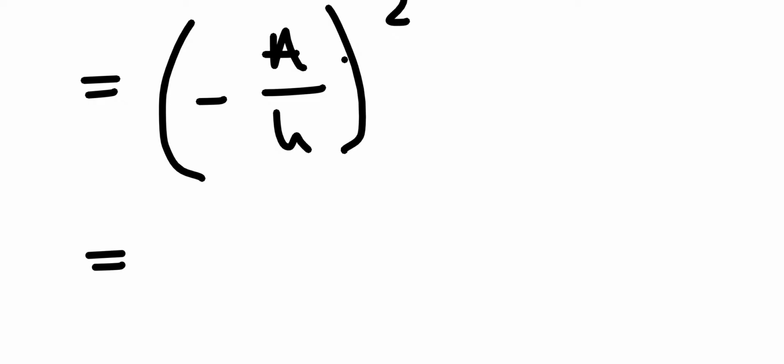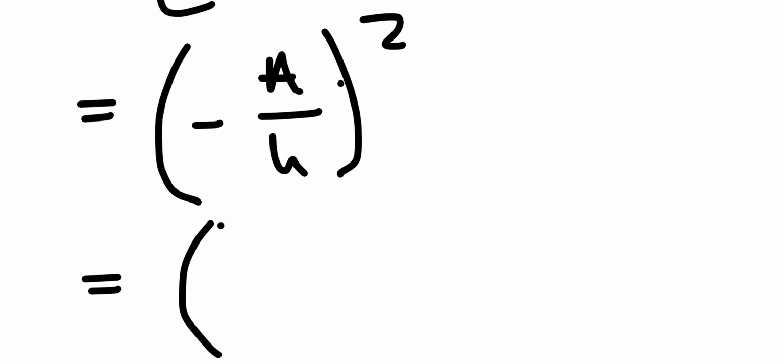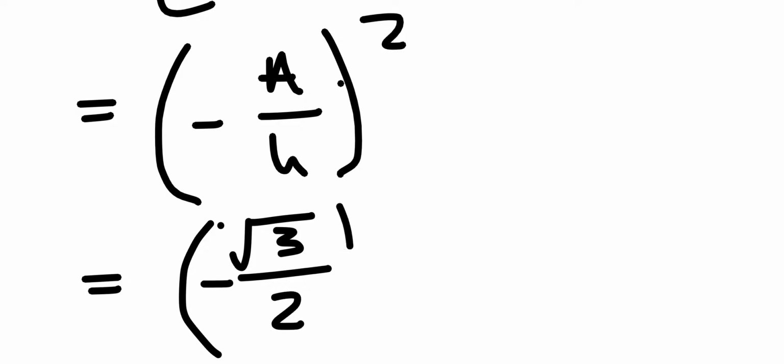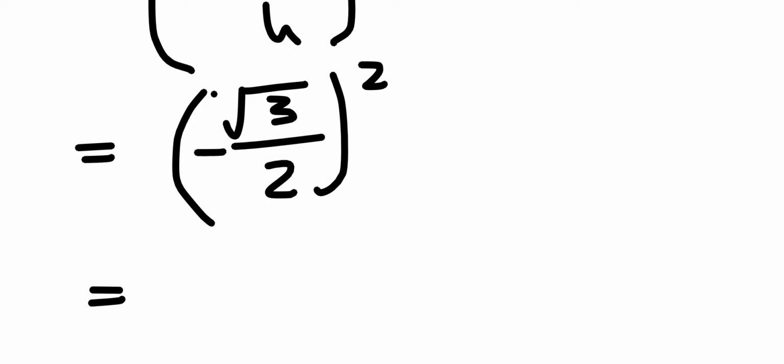But for the special angles 30, 45 and 60, I would refer to adjacent, opposite and hypotenuse. Let's substitute. The adjacent for the angle 30 degrees is square root of 3 over 2. Just don't forget that negative. You will come far with that negative.